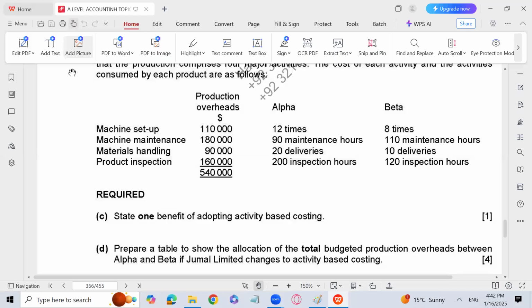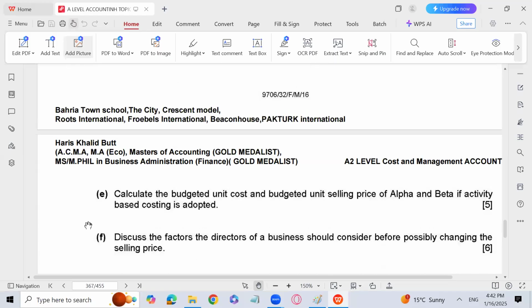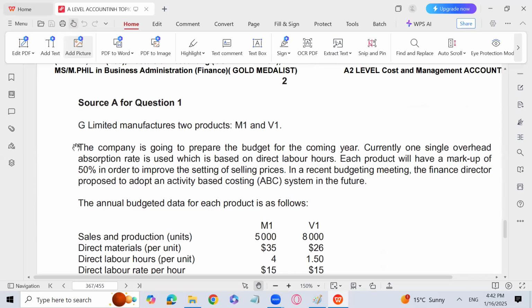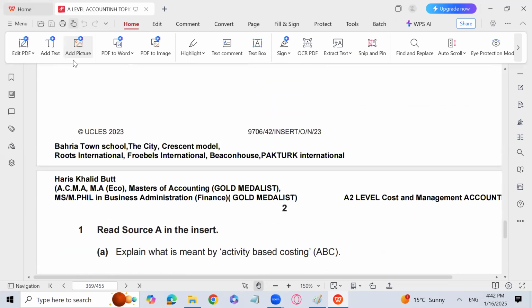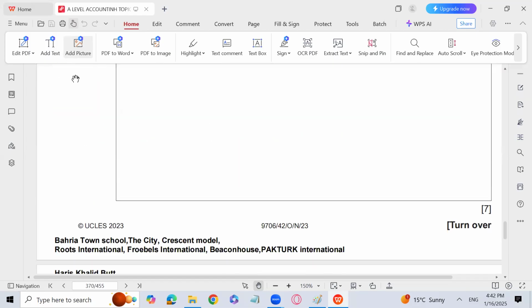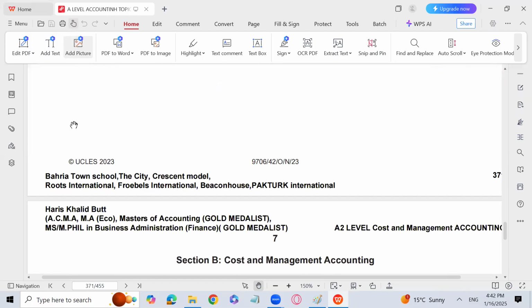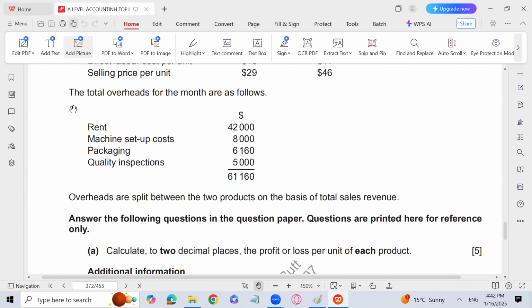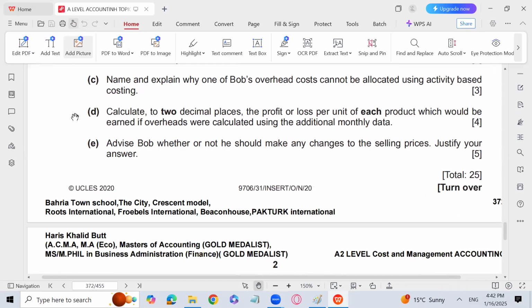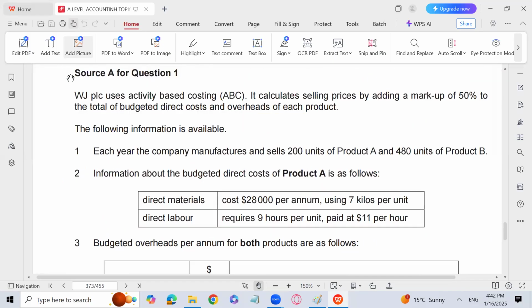This has come in February, March 1632. February, March 1932, February, March 1632, and October, November 2342. October, November 2031.